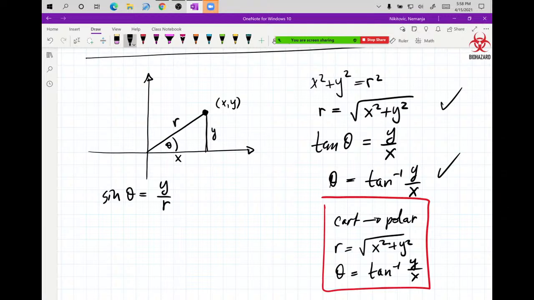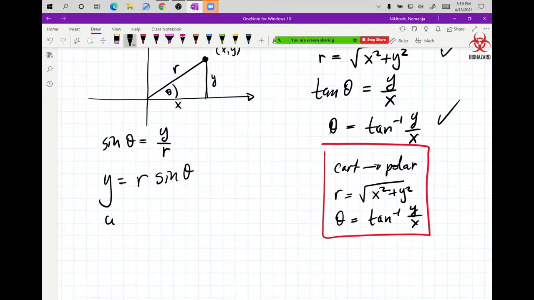So if you have those as input, you leave that as input, and then r, which is single, has no theta with it, is just going to be the output. So y equals r sine theta. And similarly, if you use cosine, which is x over r, you will find that x is equal to r cosine theta.